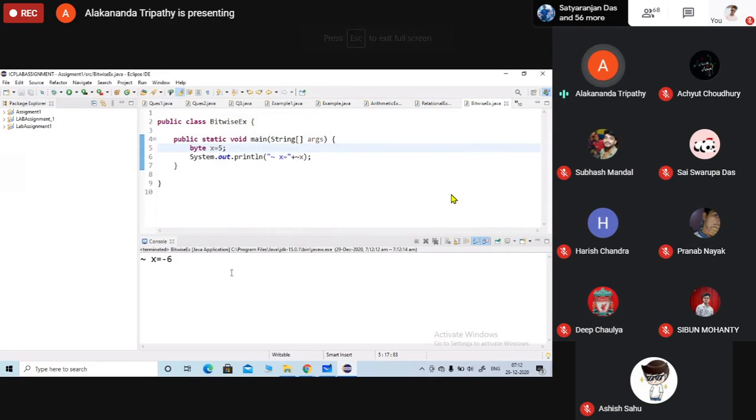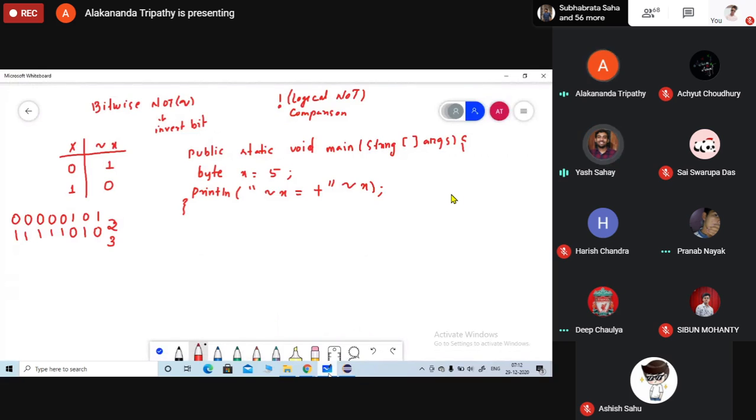What is the answer? -6. This answer? 250, ma'am. Because it is out of range, it has again gone through the cycle. Ma'am, because our MSB is 1, so that's why it is negative.